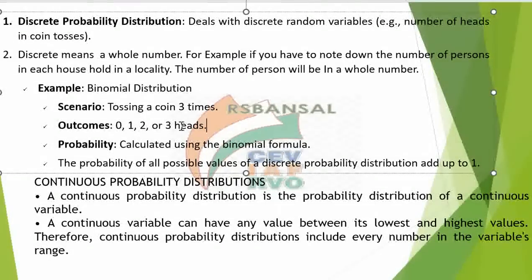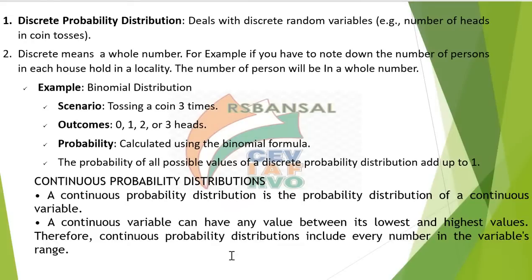If you have to calculate the probability distribution of heads, out of three tosses you may not get any head, or you may get one head, or two, or three. So there are four possible outcomes. This type of probability is calculated using the binomial formula. How it is calculated, we will take an example.